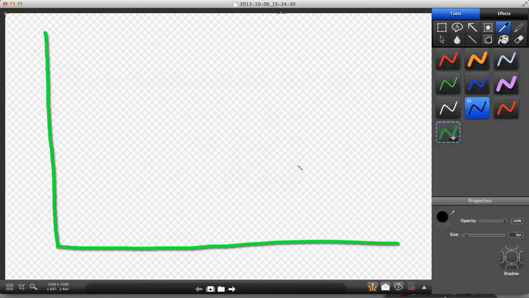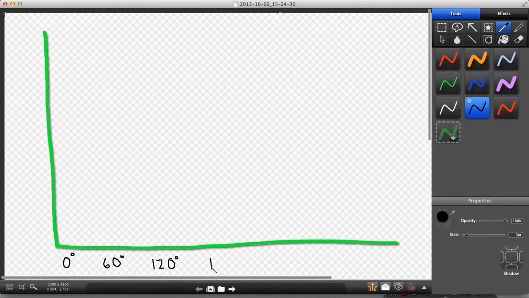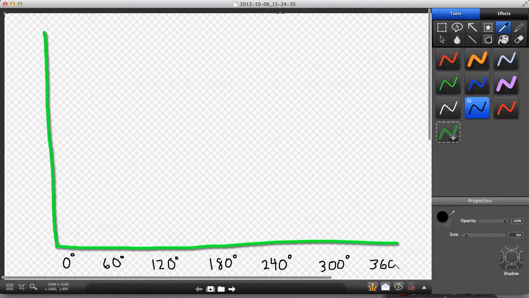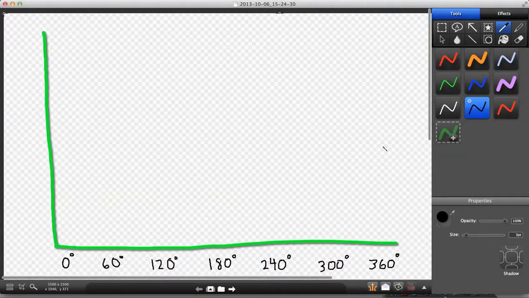And I'm going to want to label this starting at 0 degrees, then 60 degrees, 120, 180, 240, 300. And I'm going to go ahead and tag 360 on here. It is equivalent to 0, but it will show the complete cycle.